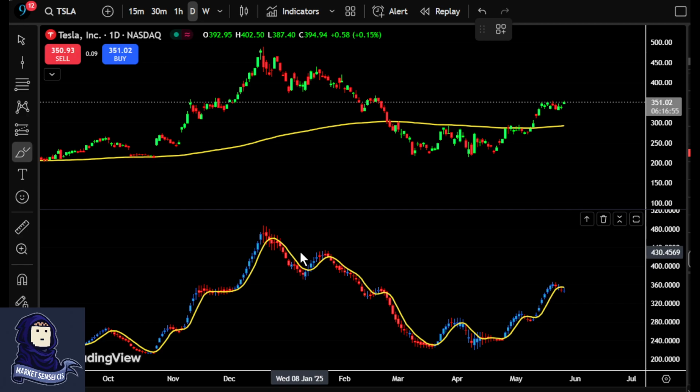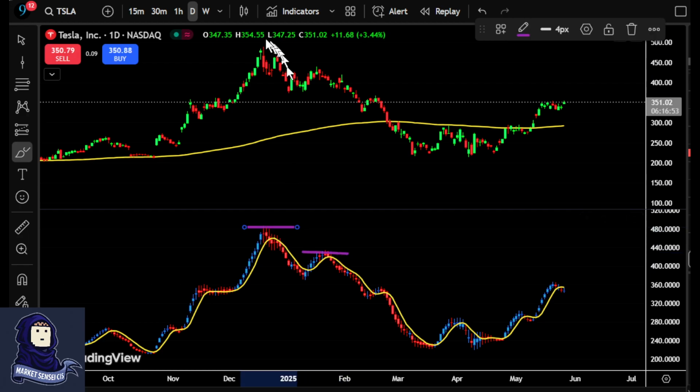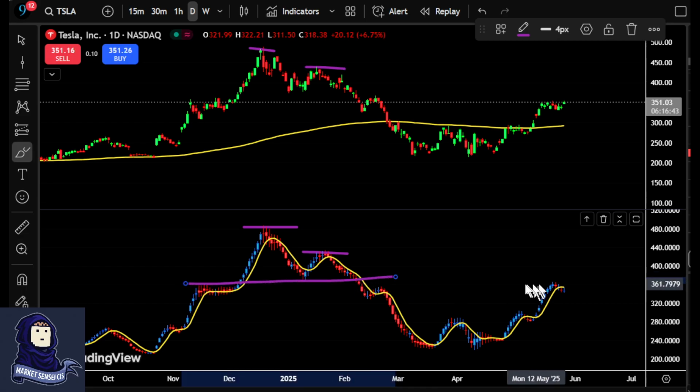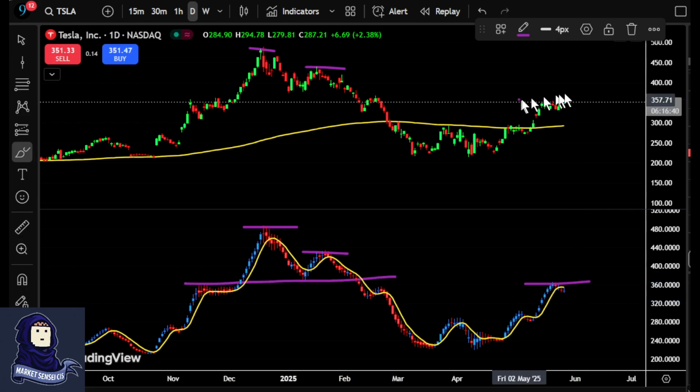You can see this area, this area. So basically, it shows all the support areas and resistance areas like this one. This shows quite a strong one.